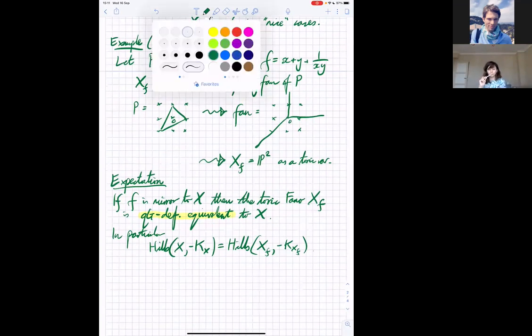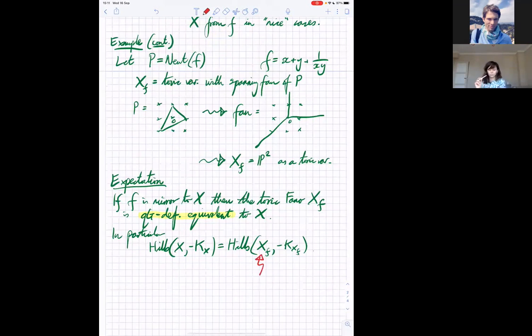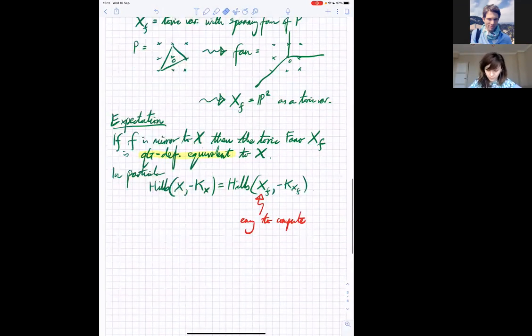And I think it's worth pointing out again, because this is toric, this is easy to compute. This is just the standard computation in polyhedral geometry. And so it's useful to have these Q-Gorenstein deformations, and we call these toric degenerations.